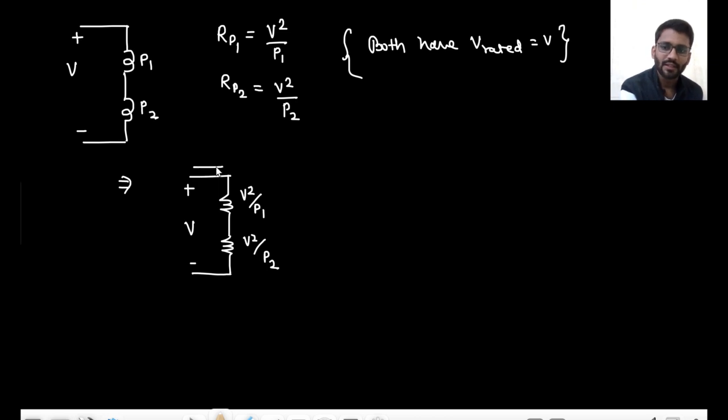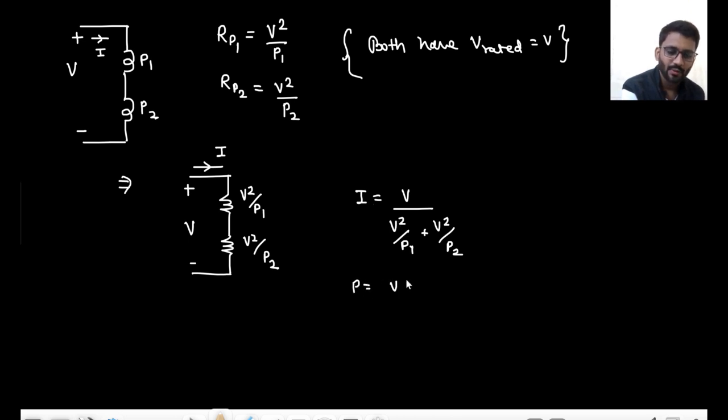Okay, and what is the current? This is the current that you need to calculate. So what will be the current? Current will be V by V square by P1 plus V square by P2. What will be the power? Power will be V into I. So it would be V square upon V square by P1 plus V square by P2.